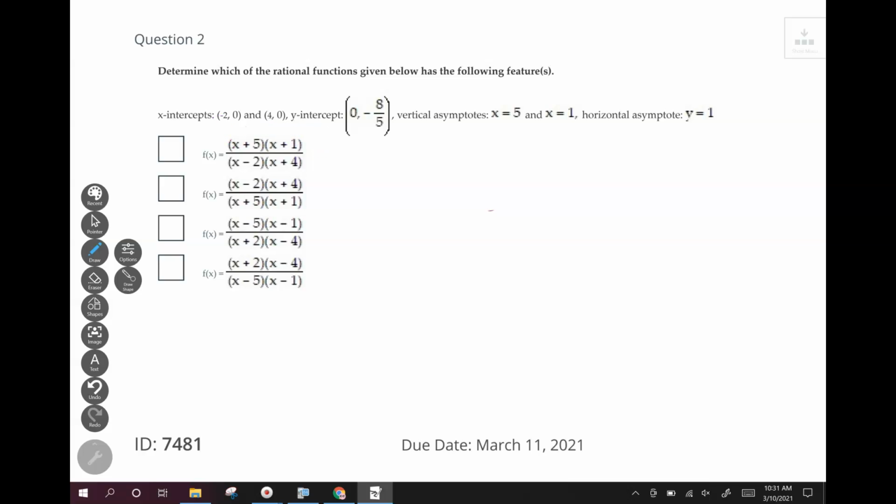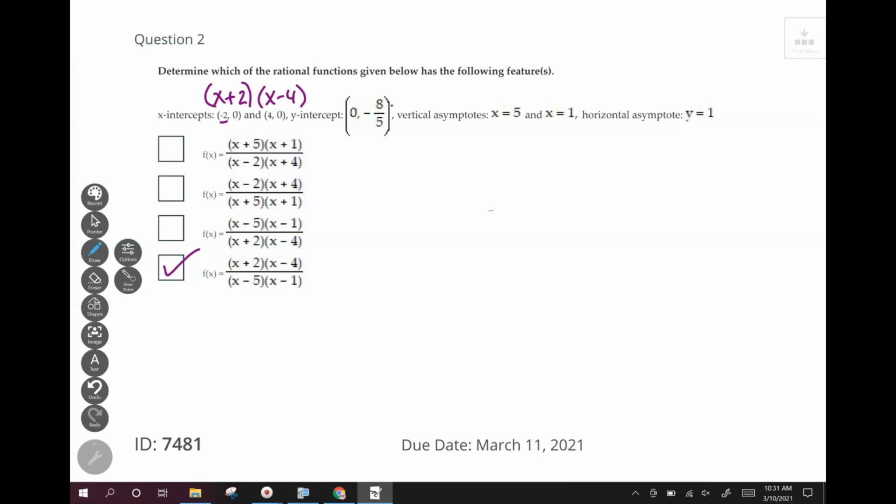Well, that's not right. So look at your x-intercepts. They're -2, so I should have x plus 2 in the numerator, and +4, so x minus 4 should be in the numerator in order to get those x-intercepts. There's actually only one answer with that in the numerator, so from there we're actually done, but let's keep going.